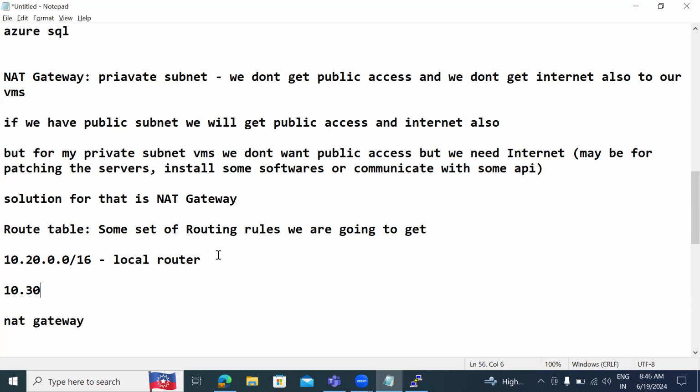If one VNet is 10.20, the other VNet will be 10.21, 22, whatever it may be. Because if they have a conflict of CIDR blocks, then we'll get duplicate IPs in both the instances, and communication is not possible. So we need to take care without having the conflict.